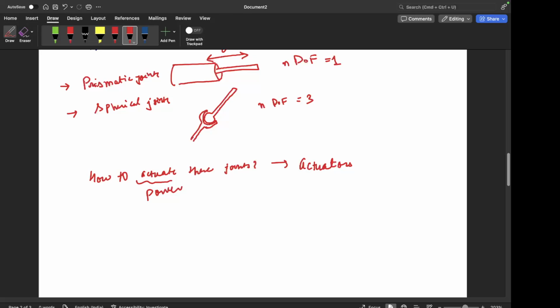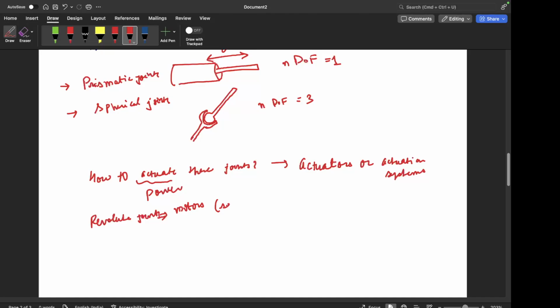So actuators or actuation systems. Now, again, there's a whole lot of different actuators that can be used, right? And depending on the joint also, for revolute joints, we have motors of different types, right?